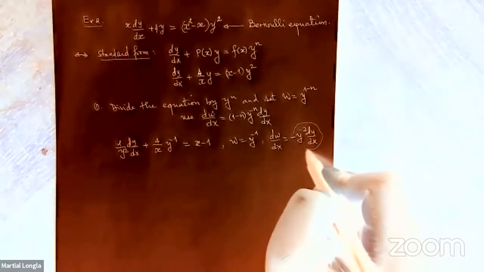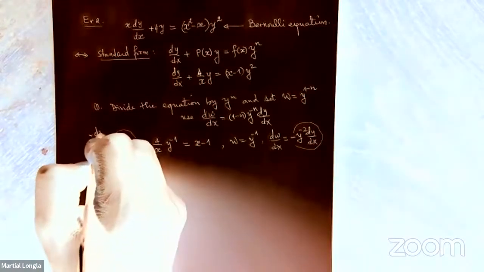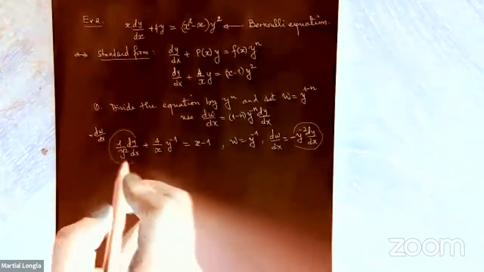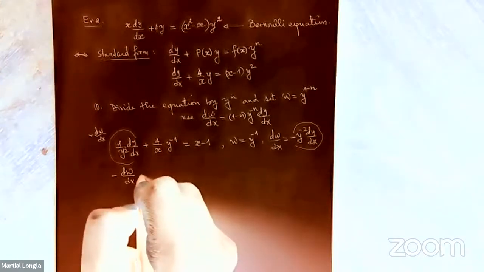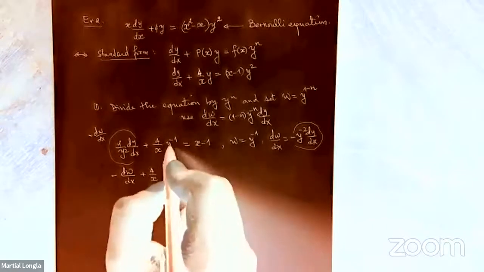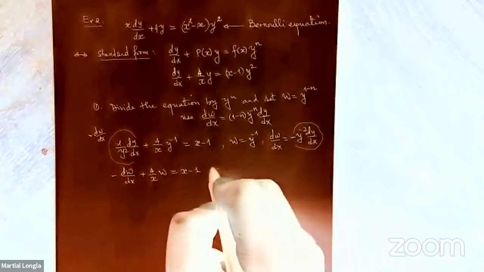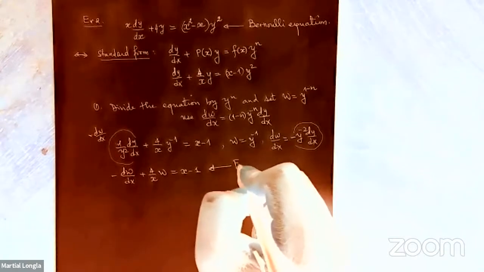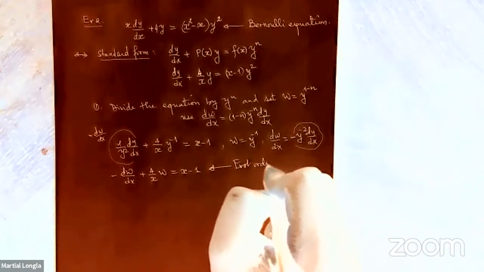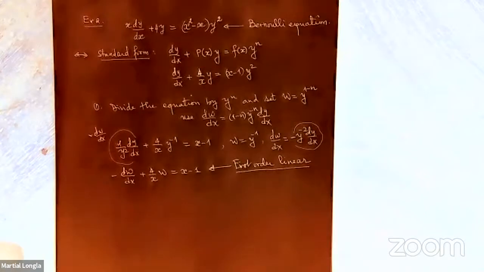So this, which is right here, is minus dw over dx. And then y to minus 1 is w, equals x minus 1. Anytime you do that, this problem goes down to a first order linear, which is related to the previous problem we just solved.